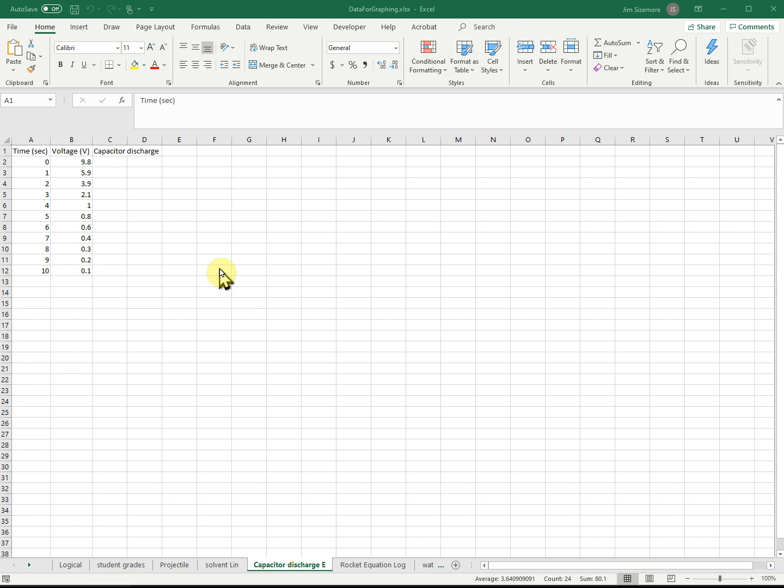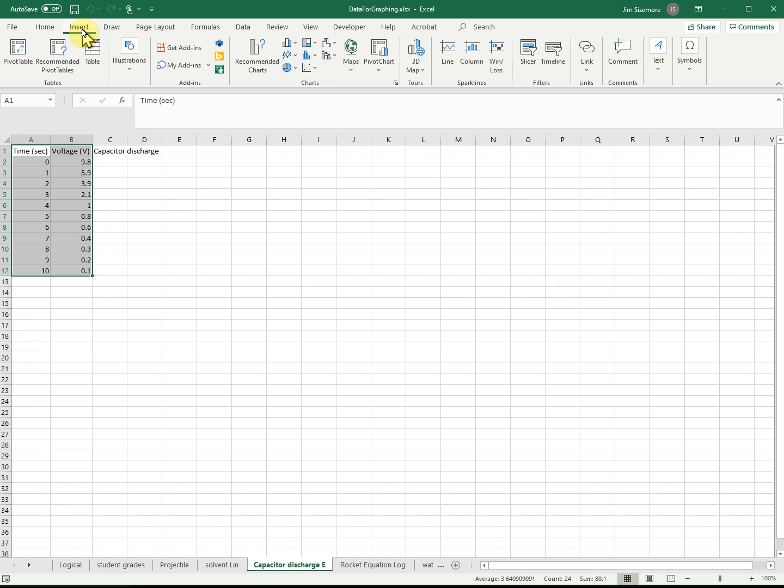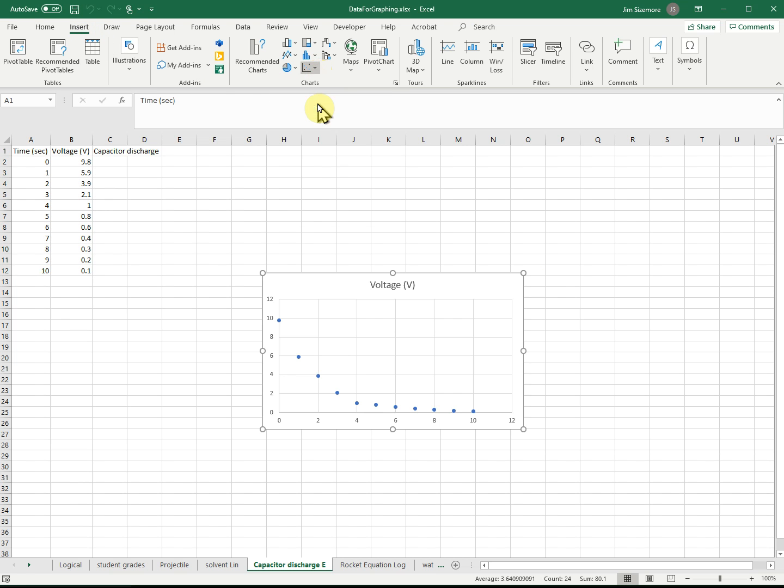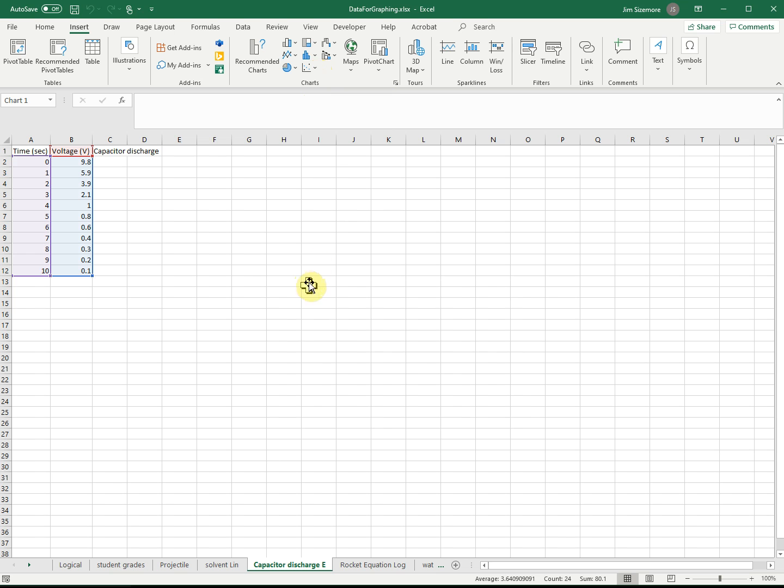The next step in fitting, instead of fitting to a straight line, let's fit to a curve of some type. And let's look at the first kind of curve. So I'm going to insert a graph here of experimental data points.